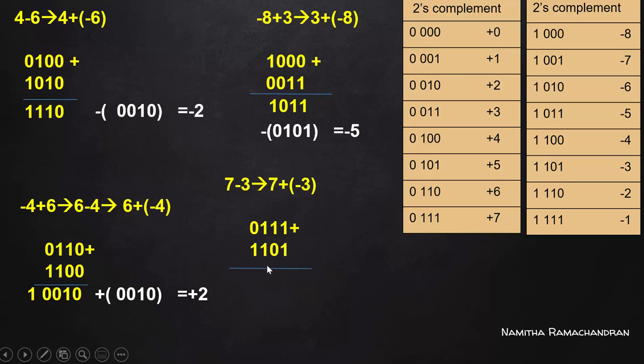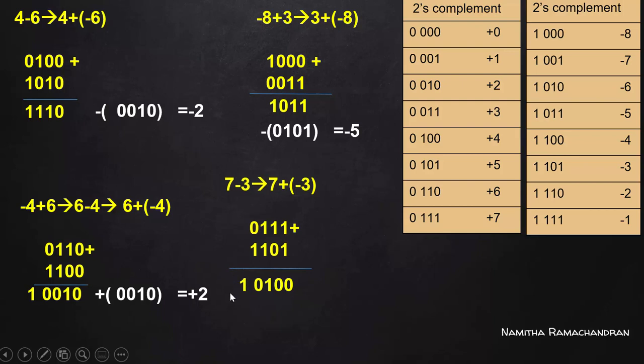So after addition, 1 plus 1 becomes 0, and that carry 1 is added with this one. 1 plus 1 plus 0 is again 0 with a carry to this level. 1 plus 1 plus 1 is 1 with a carry. That carry is added with this level. 1 plus 0 plus 1 is 0 with a carry. Here we have the fifth bit, that is a carry out here.